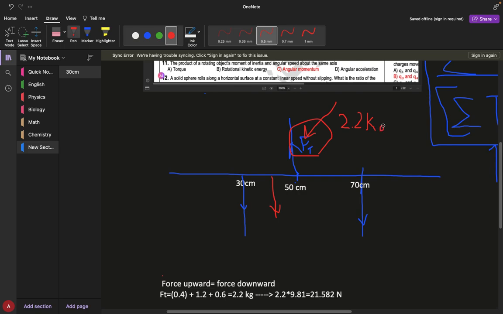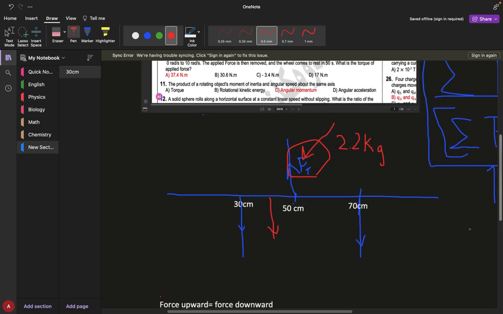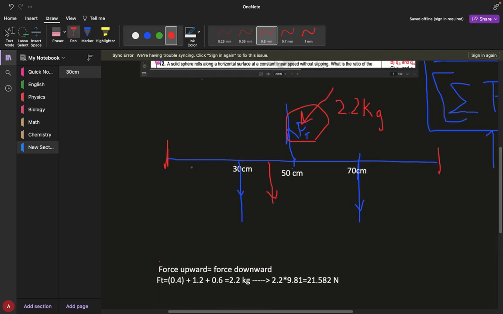Now as for the torque, I will put my axis at the end. Any of the ends that you want, I don't mind, but I'm going to take this one, just because if I take the other I would have to draw it again, and this is 30 centimeter.